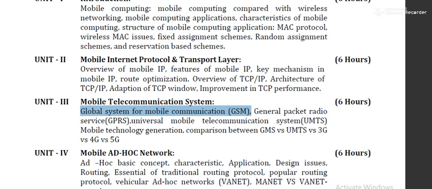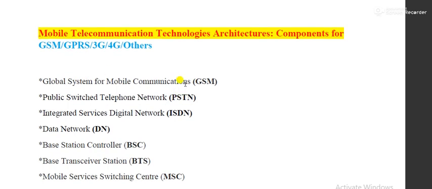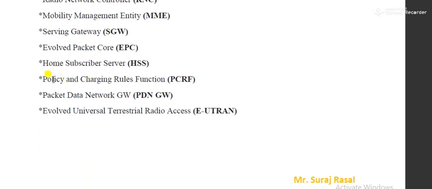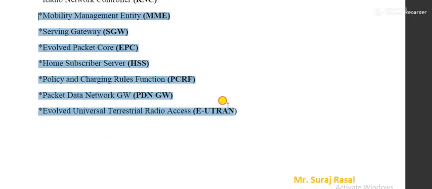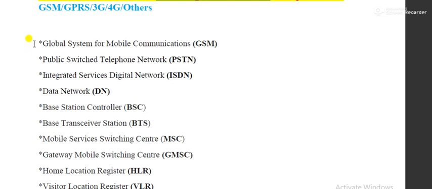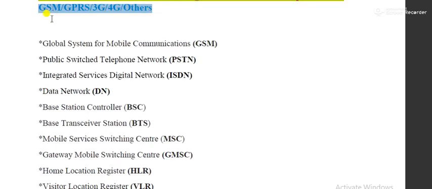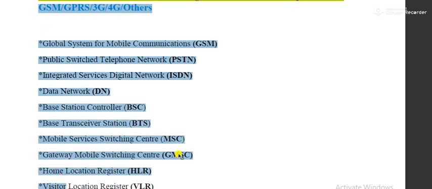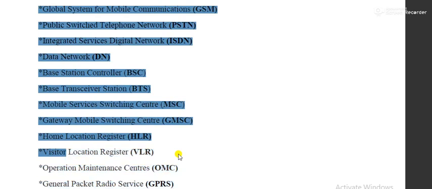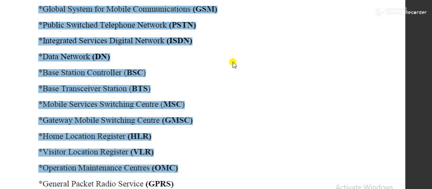For this purpose you can refer to this PDF. I have made one PDF which includes all the major points required to understand the mobile telecommunication technologies. In this PDF file, everything till the operational maintenance centers are components used for GSM only.